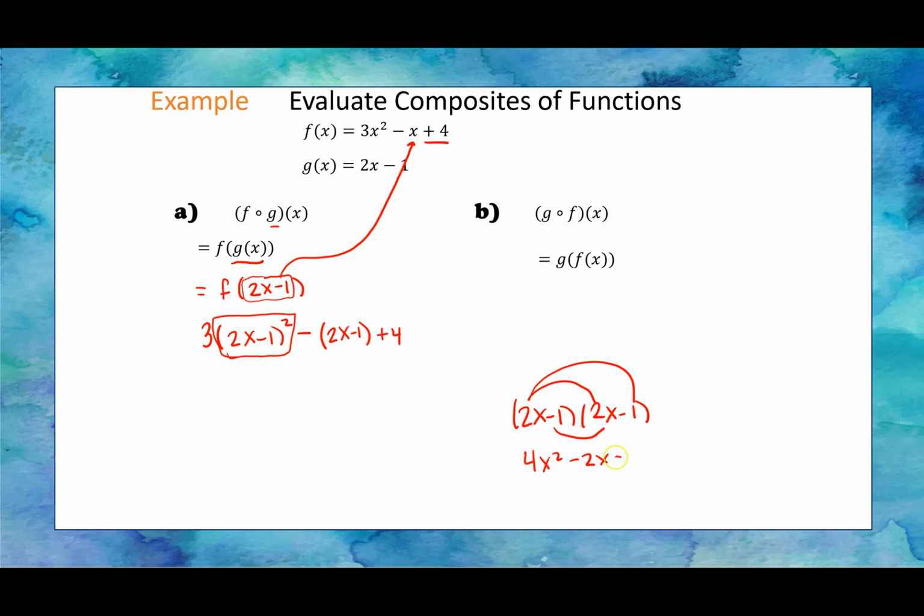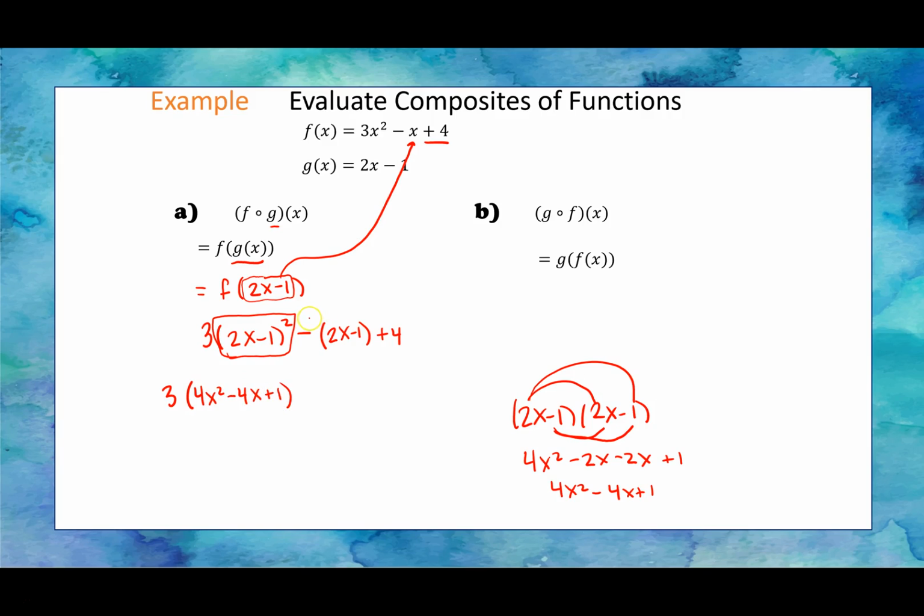Inners are going to be a minus 2x, and then my last, minus 1 times minus 1, is plus 1. That's going to give me 4x squared minus 4x plus 1. So instead of writing this big old box right here, I'm going to write this as 3 parentheses, 4x squared minus 4x, and then plus 1.